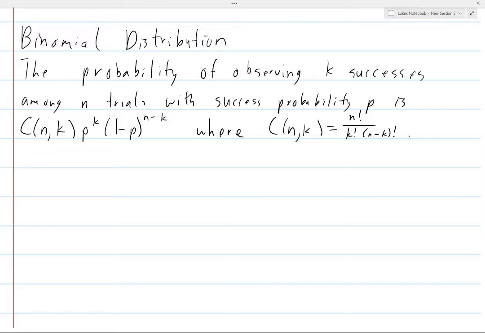For the combination formula, n choose k essentially describes the number of ways of choosing k items out of a collection of n items in which the order you choose them does not matter.